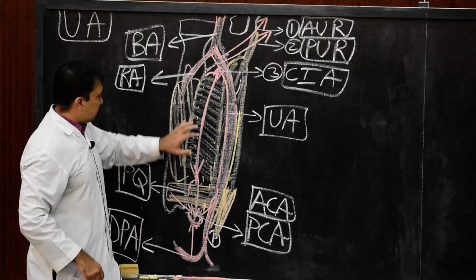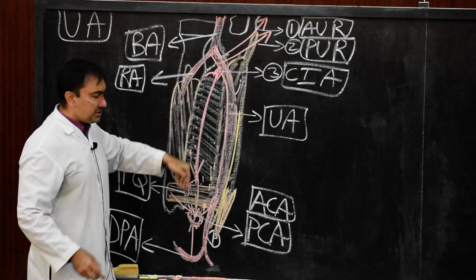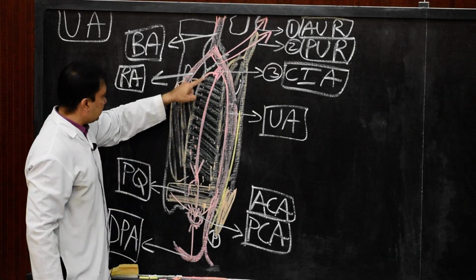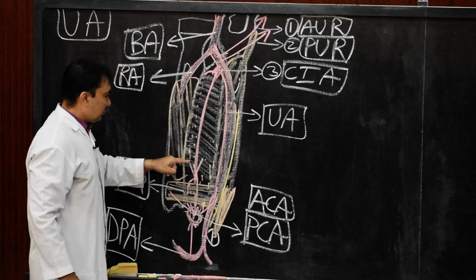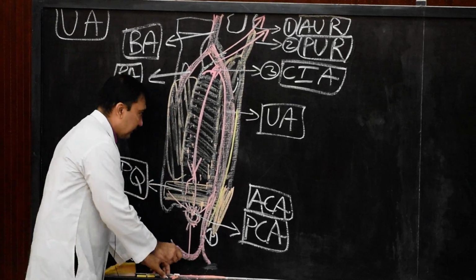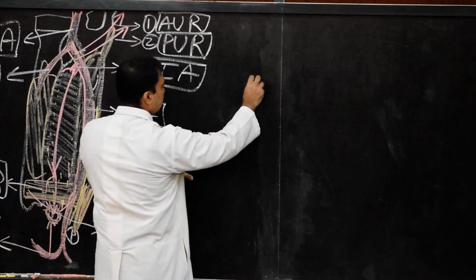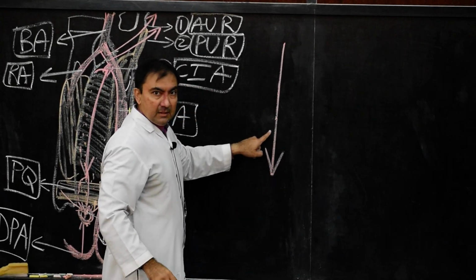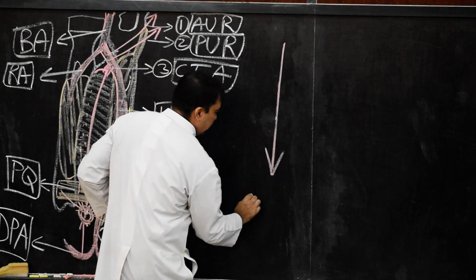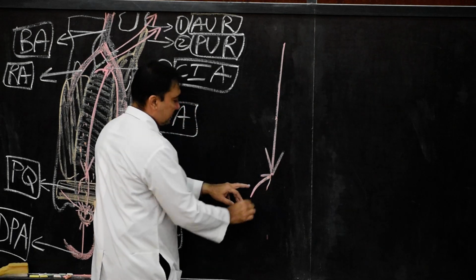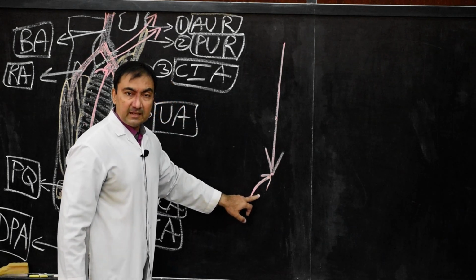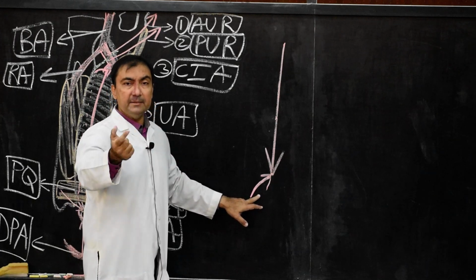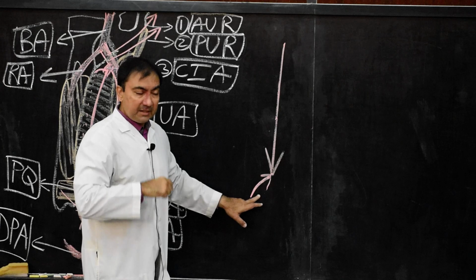Now the posterior interosseous artery: if we want to trace it, here it is passing behind the interosseous membrane. Now please come on this side. If I just want to trace it, this is the posterior interosseous artery. Here it will meet the anterior interosseous artery. Remember how the anterior interosseous artery is passing into the posterior compartment between the interosseous membrane and the pronator quadratus muscle.